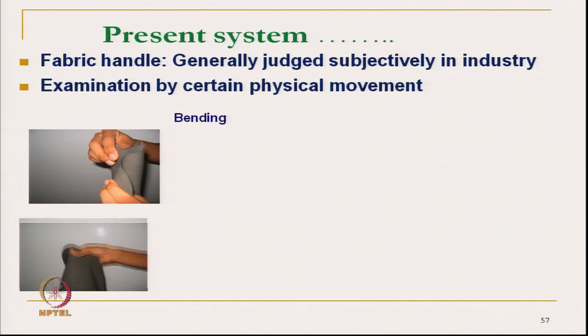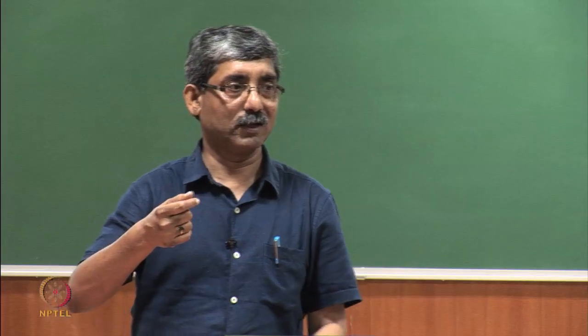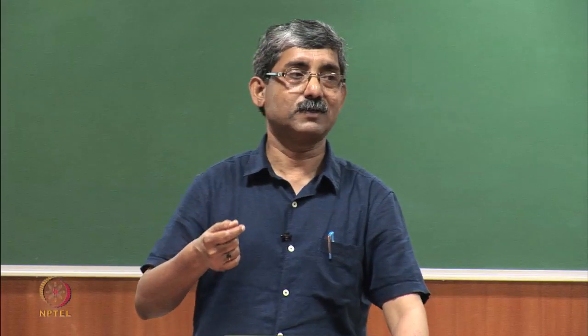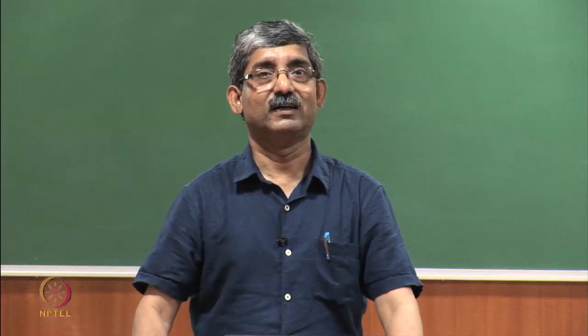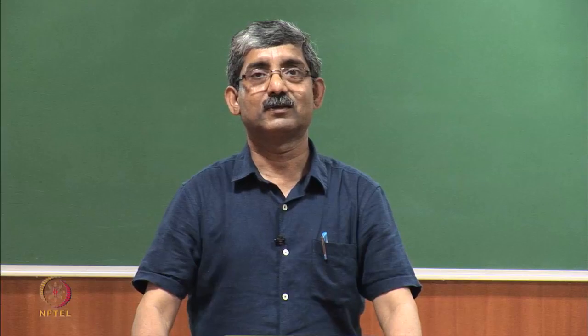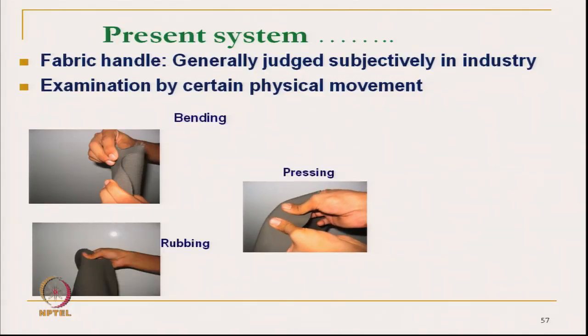Then there is rubbing. If we rub the fabric with our thumb or finger, that gives an idea about the friction or surface roughness. Then there is pressing. If we press the fabric, we get an idea about the softness or bulk characteristics.